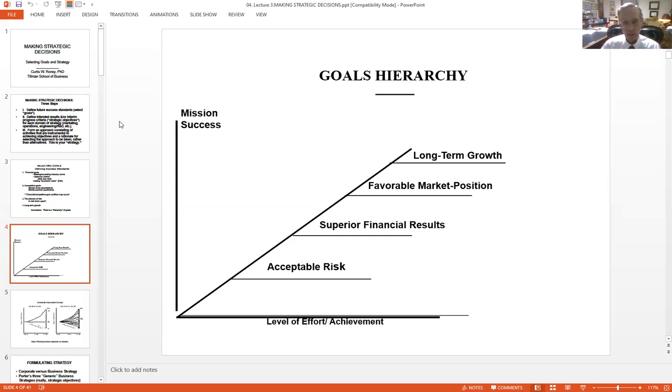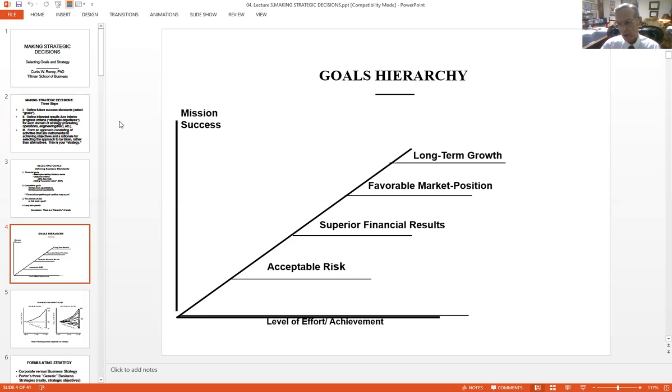Generally, it's better to put priorities on financial results and have a favorable financial condition before you start to invest capital in extended market positions. And then, as I said earlier, once you've achieved a favorable market position and your financial condition is good, you're in the position where you should be able to think about long-term growth. And if indeed your industry is mature, then you simply have to do that.